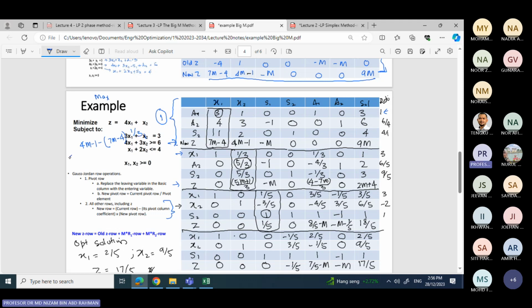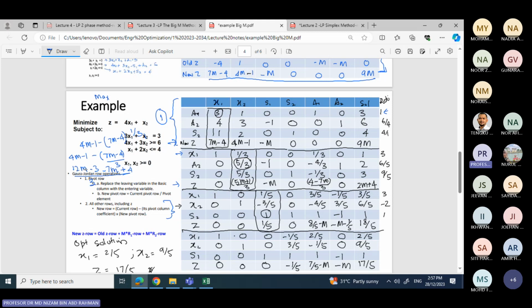So what I got here is 4m minus 1, minus (7m minus 4)/3. If I want to do everything over 3, then what I got is 12m minus 3, I open up this bracket, minus 7m plus 4, and everything here over 3.